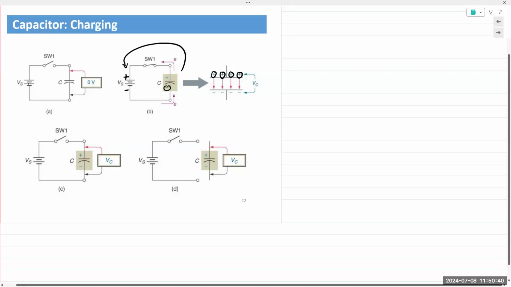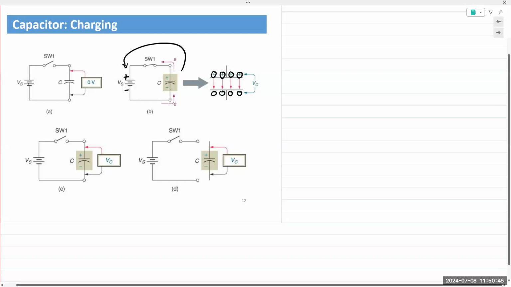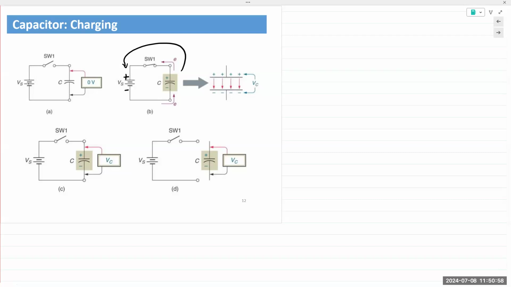So that causes a buildup of negative charge on the other side of the capacitor. The difference in electric potential between the two plates can be measured as the capacitor voltage VC.